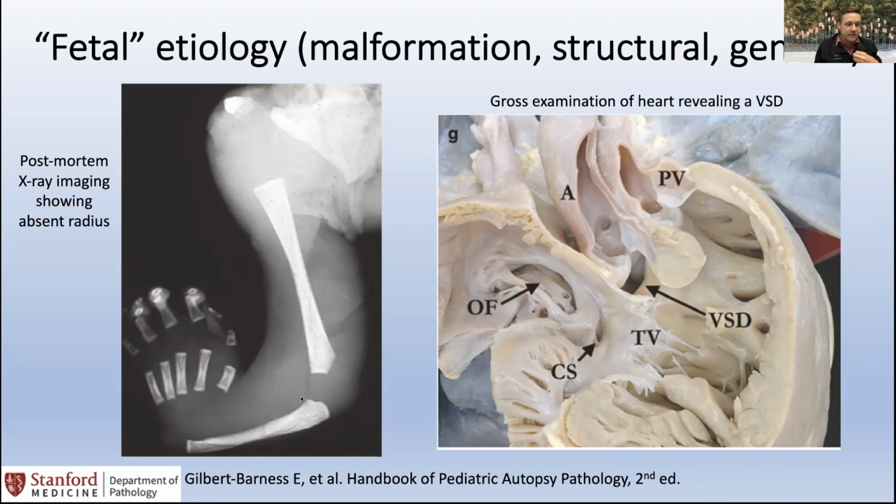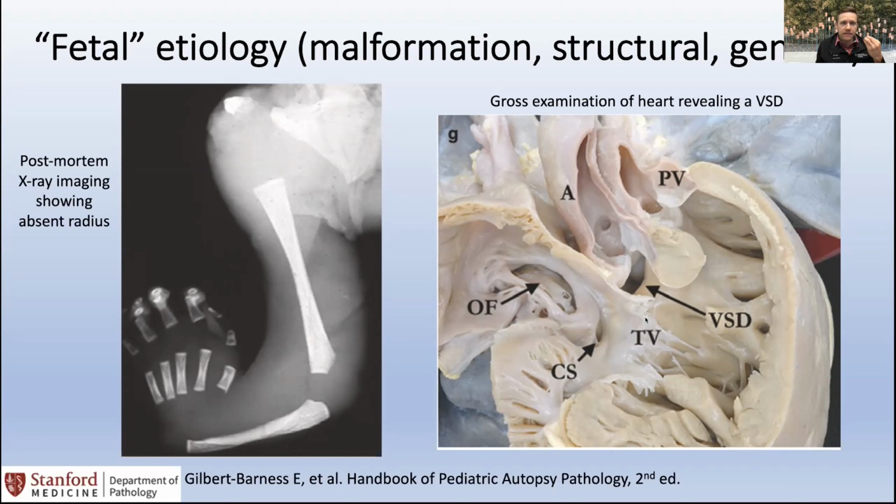And so those would be examples where postmortem imaging might show evidence of a skeletal dysplasia, such as an absent radius here, or a congenital cardiac anomaly. And my subspecialty happens to be pediatric cardiac development and pediatric cardiovascular pathology. And you can find subtle details in the location and nature of VSDs or other maybe microscopic problems of the conduction system.